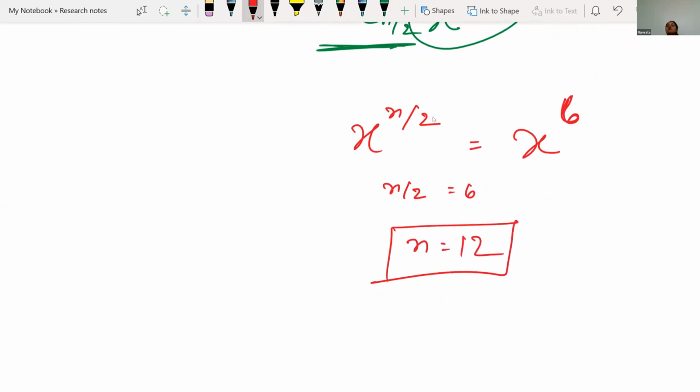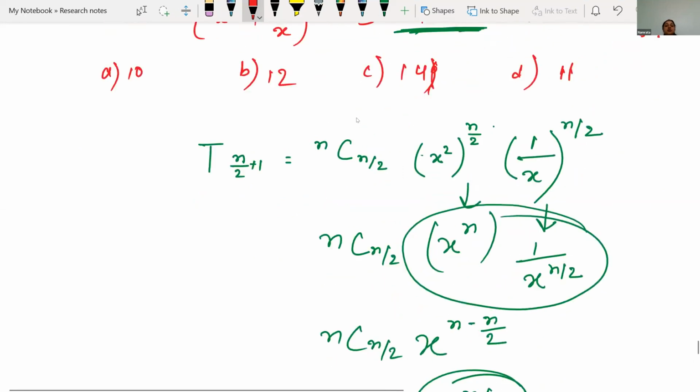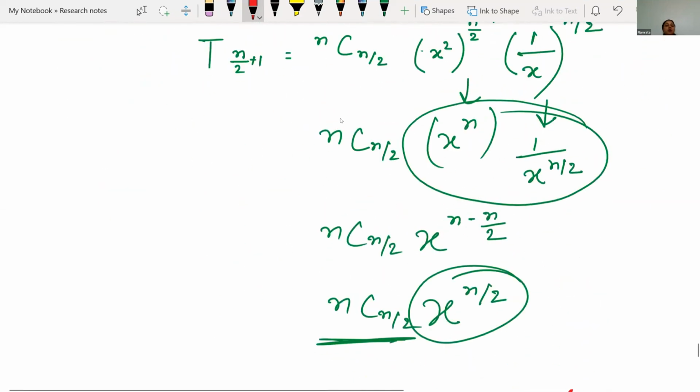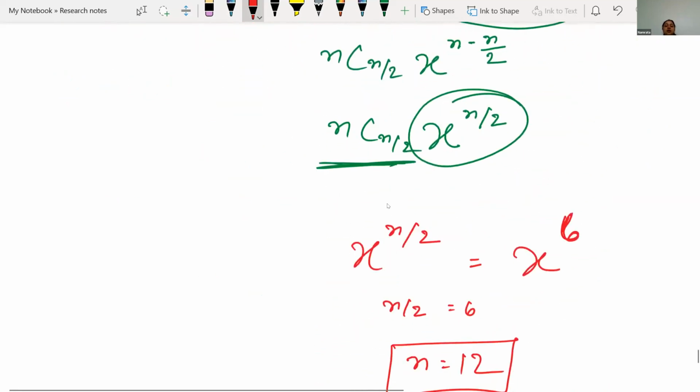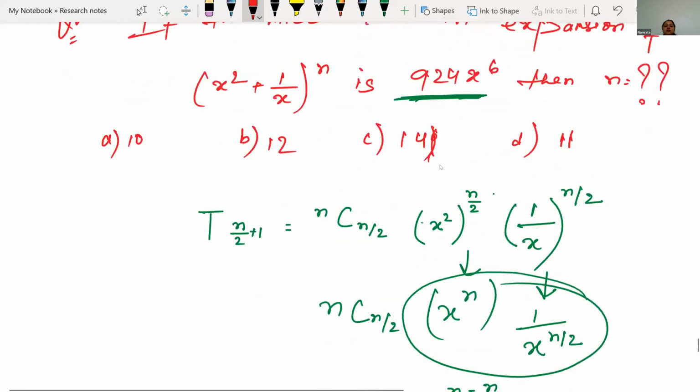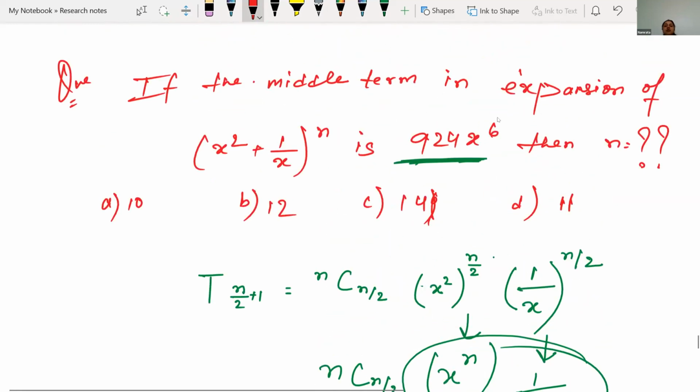We don't even have to solve the coefficient. If you will go and try solving the coefficient, it will take a lot of time and you will not be able to find the value from here. So better to solve this power of x. Compare the power of x here. It says the middle term is having x to the power 6.